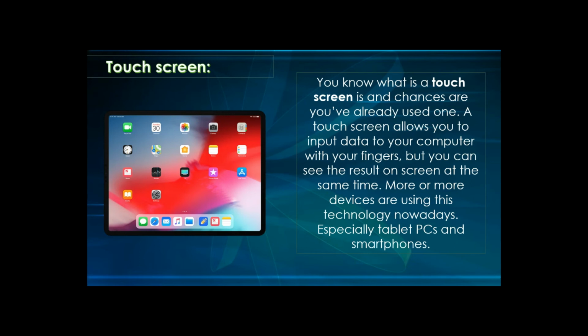You know what a touch screen is, and chances are you have already used one. A touch screen allows you to input data to your computer with your fingers, but you can see the results on the screen at the same time. More and more devices are using this technology nowadays, especially tablets, PCs and smartphones.